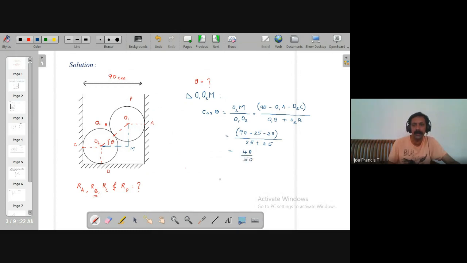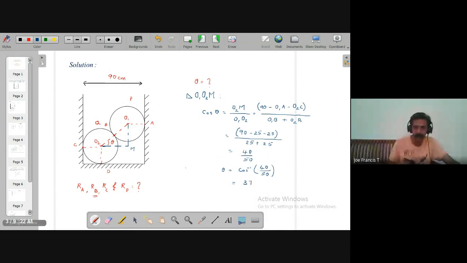From this you can calculate theta. So theta is cos inverse 40 by 50. It will come to approximately 37 degrees.